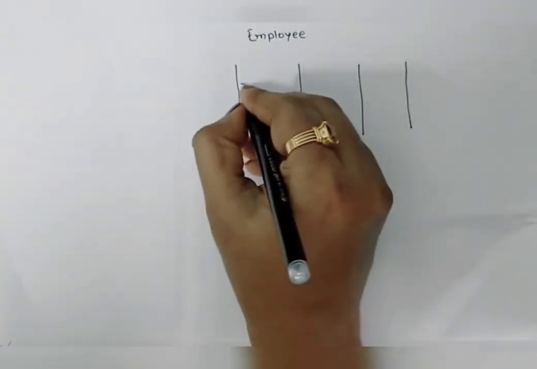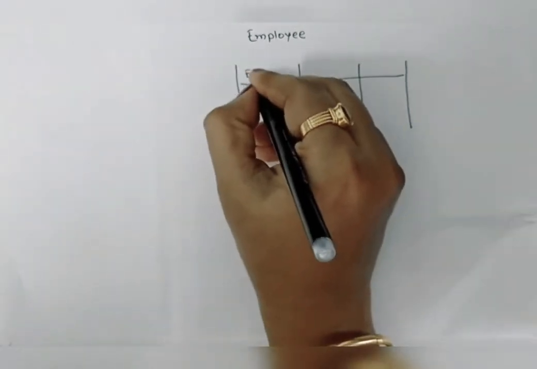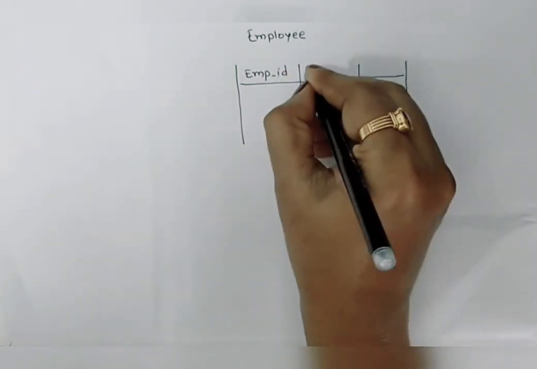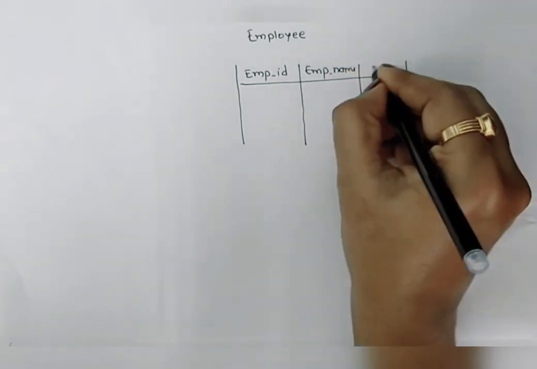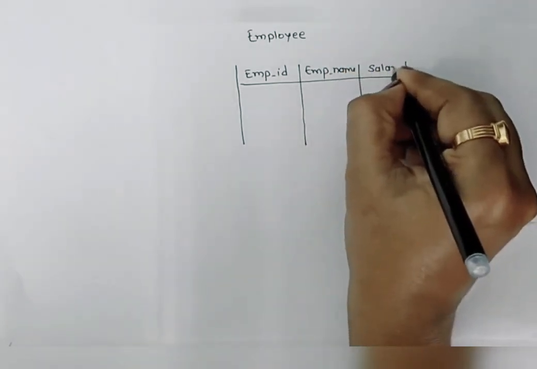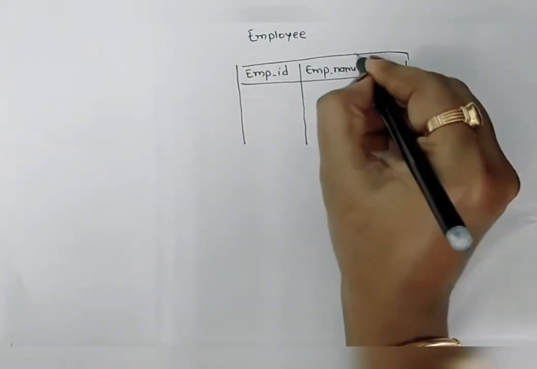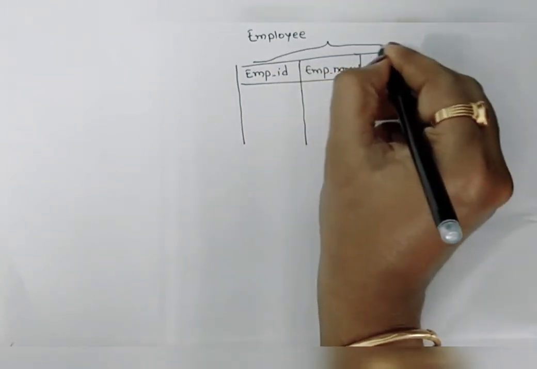So the attributes will become columns over here. So employee ID, employee name and salary. So these attributes are columns of employee table. So these are columns.